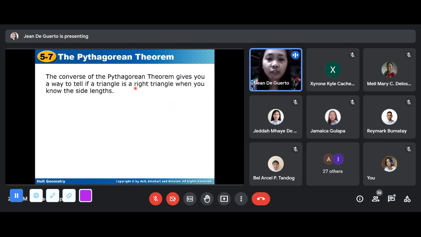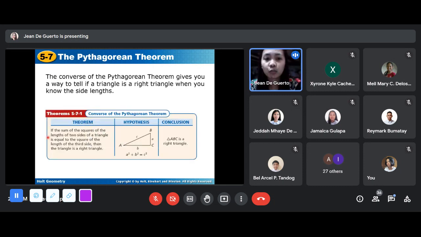So the converse of the Pythagorean theorem gives you a way to tell if the triangle is a right triangle when you know the side lengths. So aside from that, pwede din natin identify kung acute or obtuse nga. Okay, so if the sum of the squares of the lengths of two sides of a triangle is equal to the square of the length of the third side, then the triangle is a right triangle.